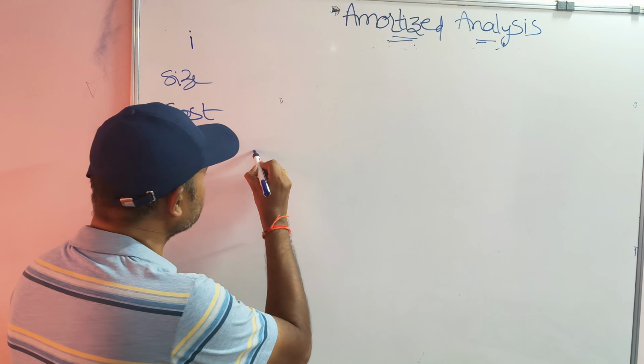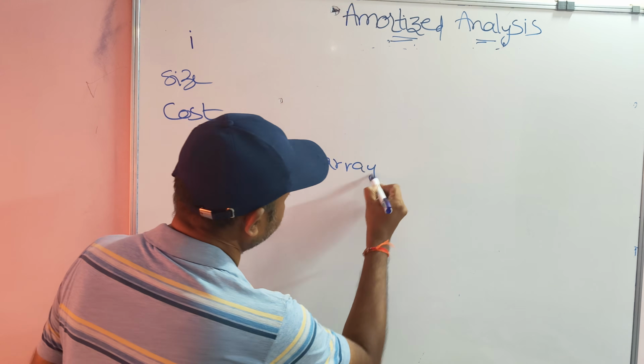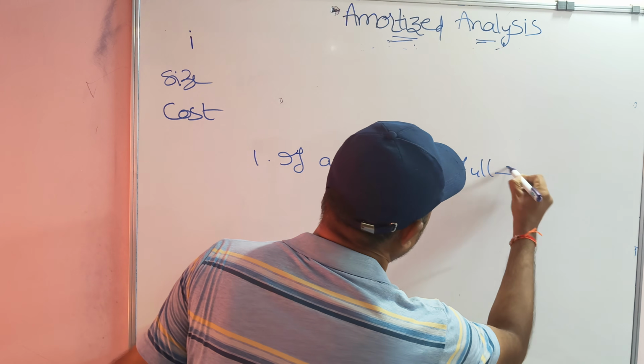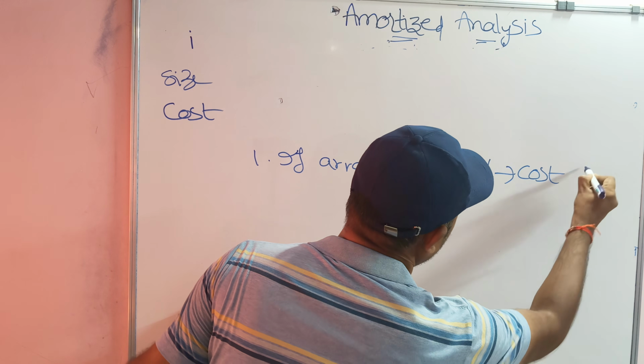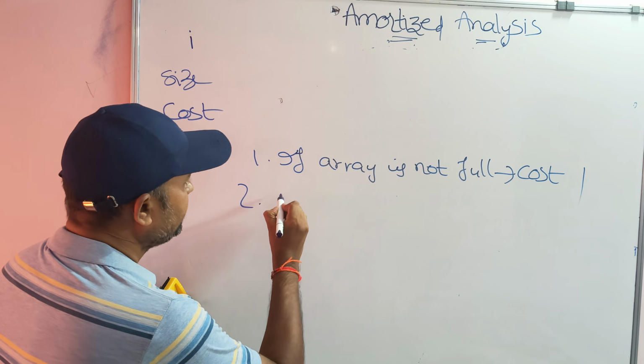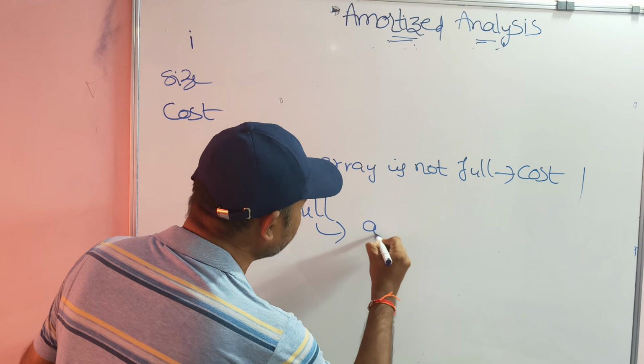Here we have two rules. The first rule is, if the array is not full, then the cost of that operation is 1. Whereas if the array is full, then we have to perform 3 things.